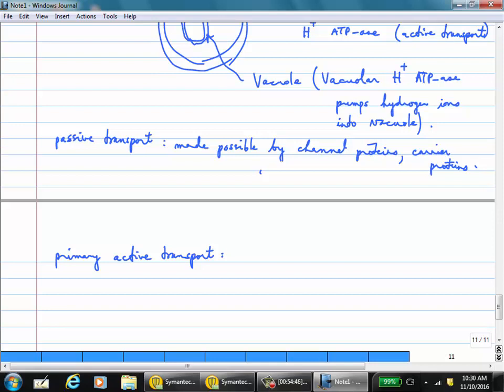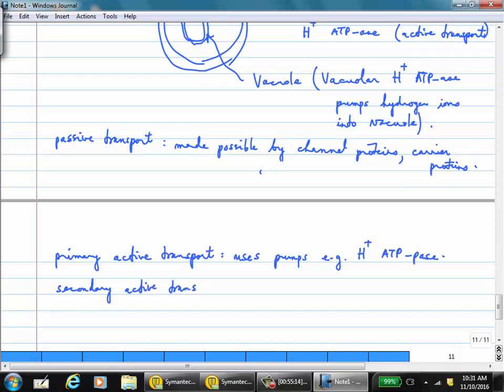In the case of primary active transport, you will basically be using pumps, all right? An example of that I already gave you, the hydrogen ATPase, right? And there are other pumps too, like the sodium potassium pump and so on, okay, in the cell, right? To keep the concentration of sodium and potassium in the cell at certain levels, right? If you're looking at secondary active transport, right?